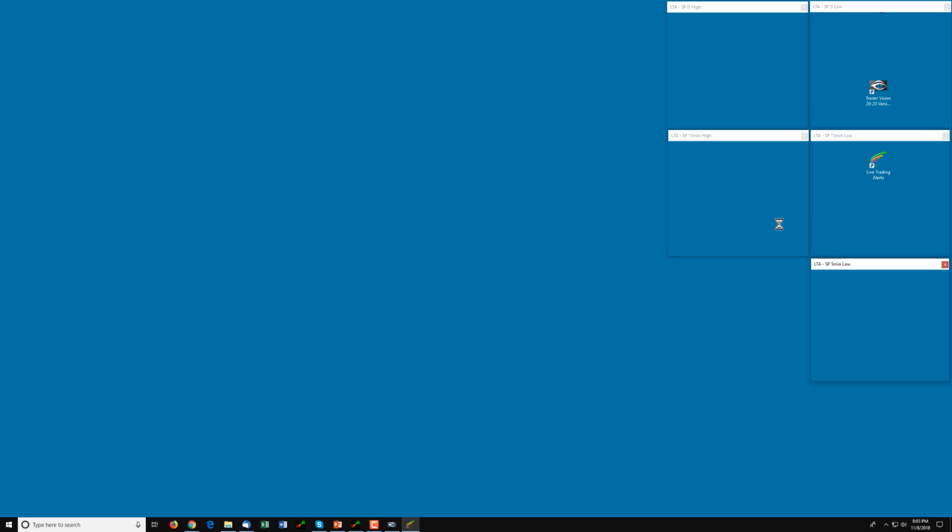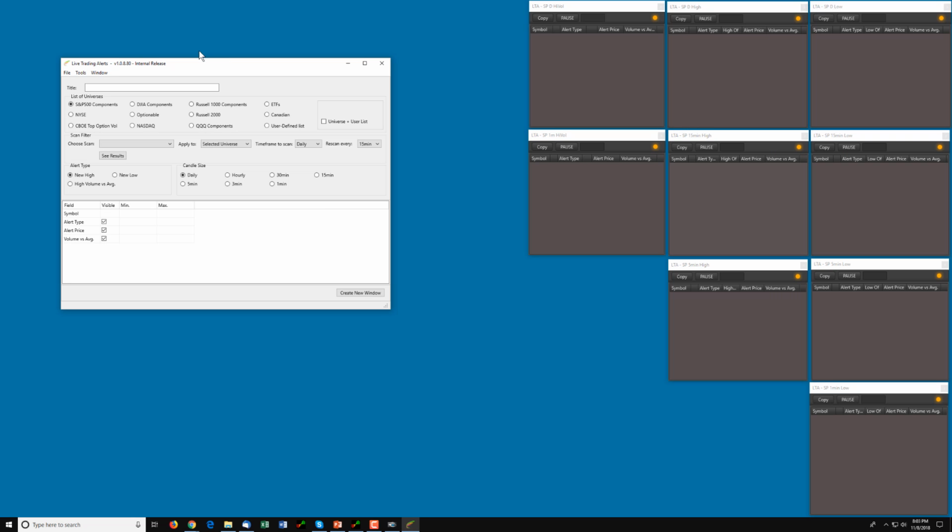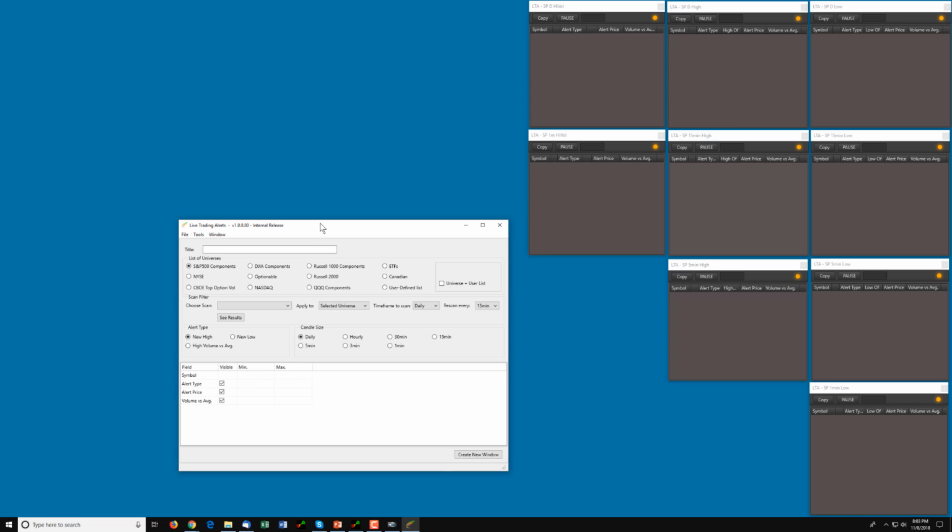The market's closed, so I'm not going to have any data, but basically you would be able to run the scan of your choice against some universe or against all universes, and you can scan in multiple time frames and then have it automatically rescan every 15 minutes or what have you, and then give you alerts based on those results.